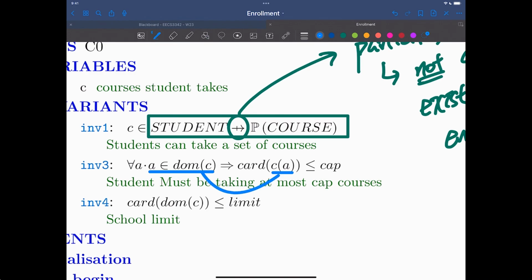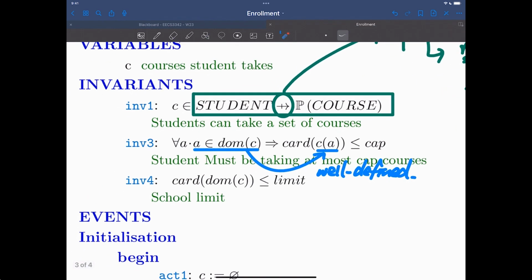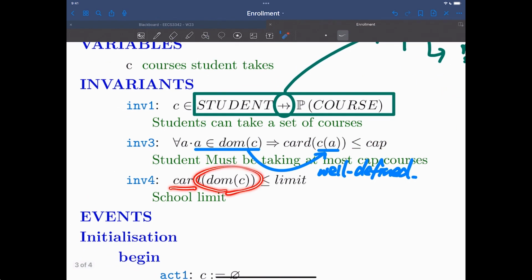Then we're saying the number of enrolled courses for all the students in the enrollment system should be less than or equal to the cap. And the final one, you can see the cardinality of the C function.